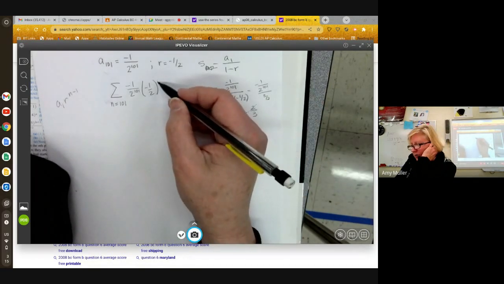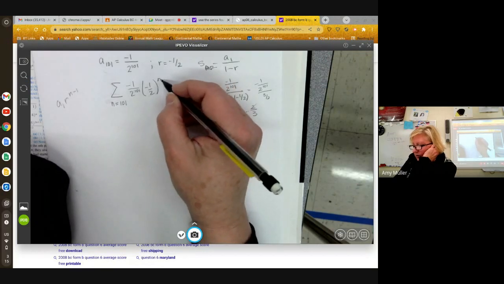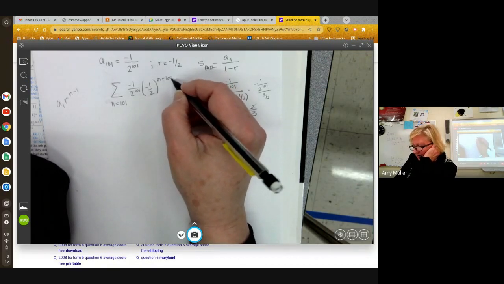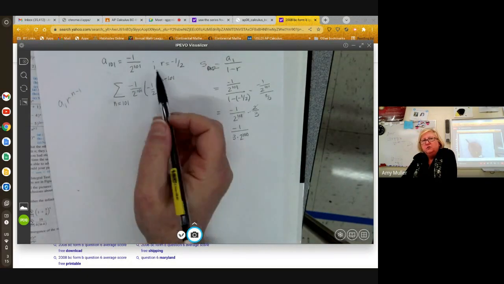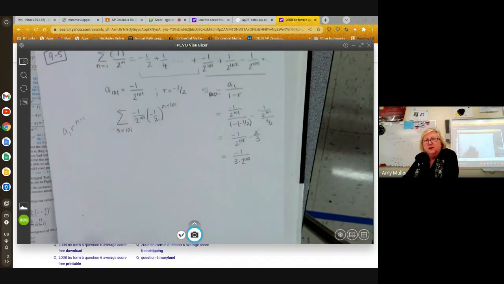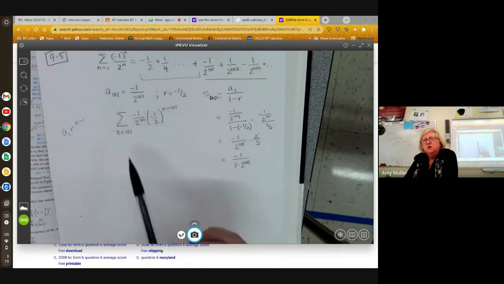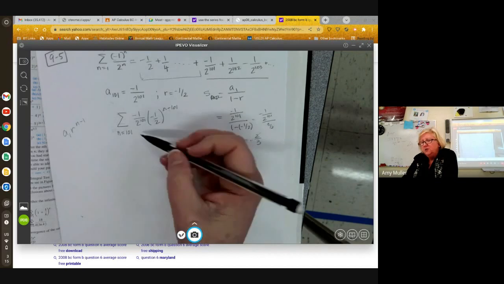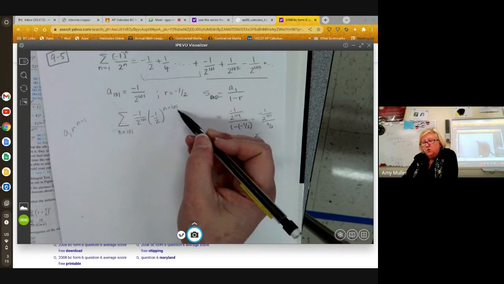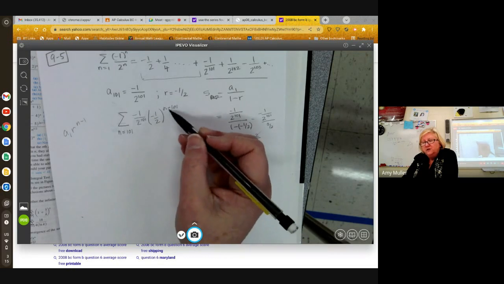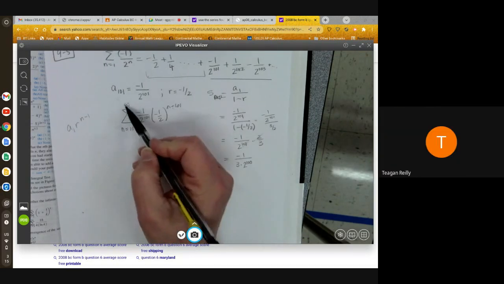I have to say n minus 101, because I'm not starting with a sub 1 really. This is the real a sub 1. If I plug in 101, I get 101 minus 101, which is 0, so negative 1/2 to the 0 is 1, and then my first term is this.